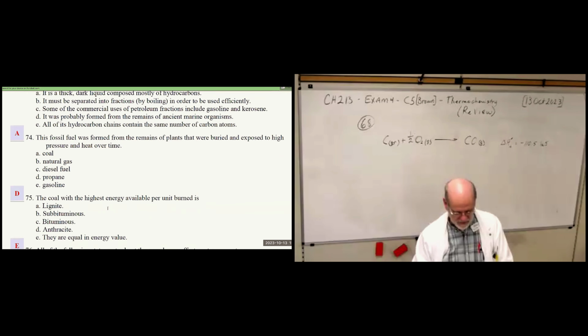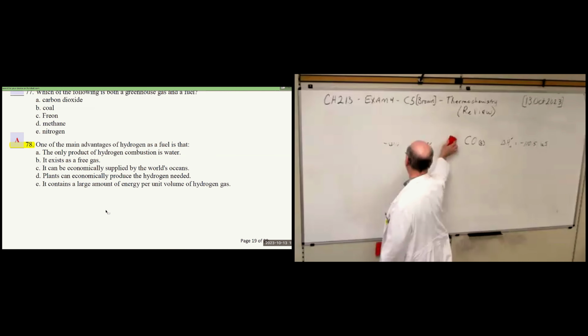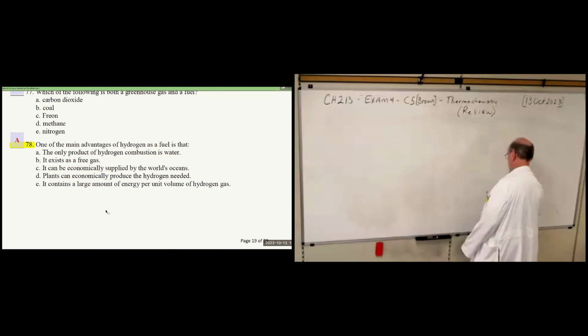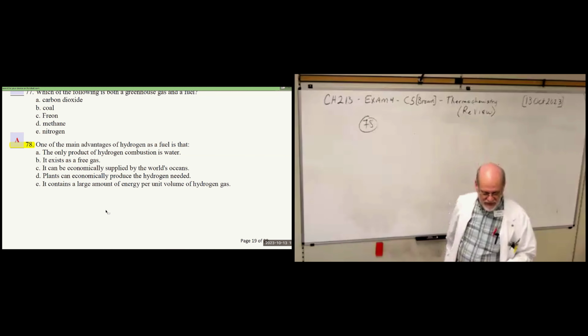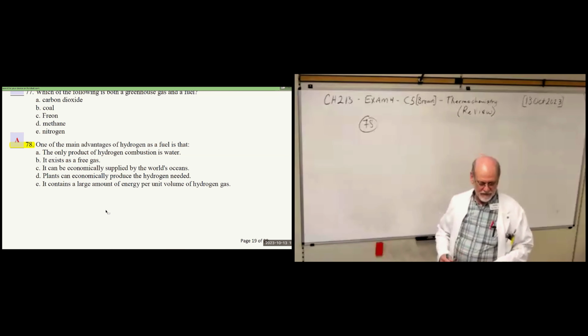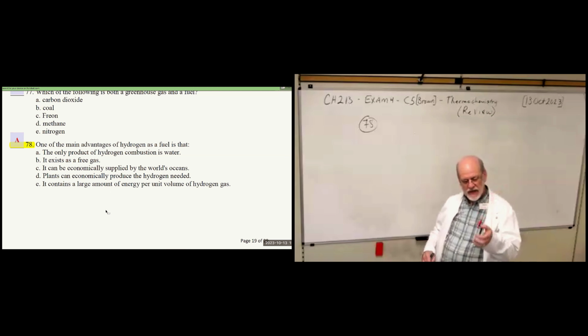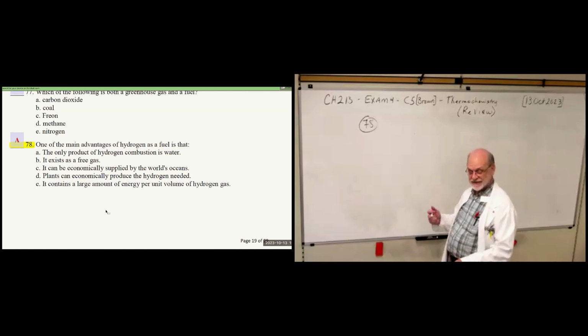Let's see. I skipped a few. There's a lot of repetition in here. 78. One of the main advantages of hydrogen as a fuel. All right. So what do you get? If you're going to use hydrogen as a fuel, what do you combine it with? Combine it with oxygen, and it produces water.